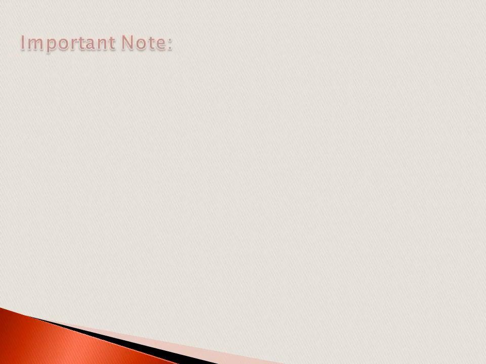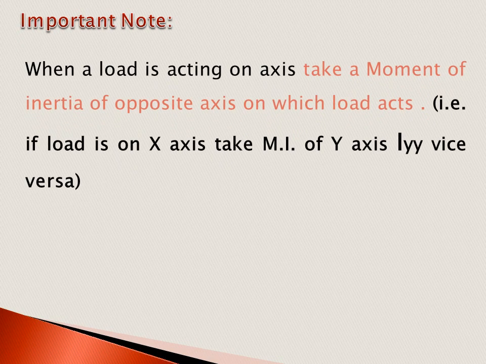Simply, how do we remember these terms? When a load is acting on an axis, take the moment of inertia of the opposite axis on which the load acts. That means if the load is on the x-axis, take the moment of inertia about the y-axis, and vice versa.